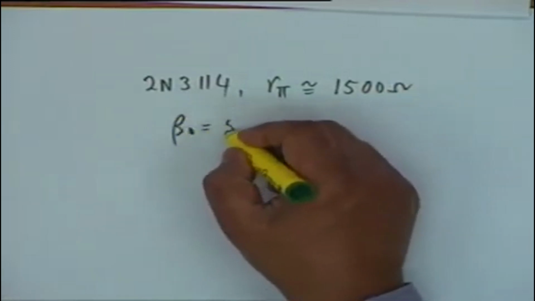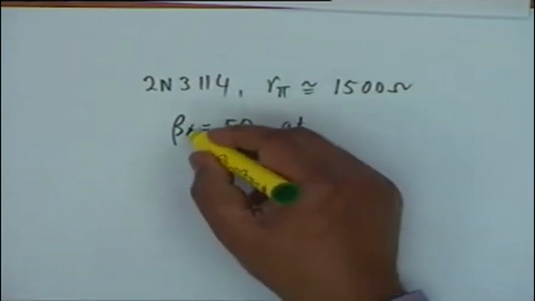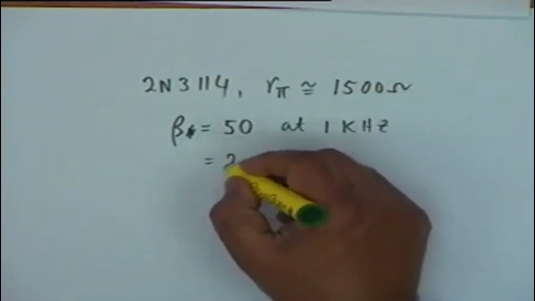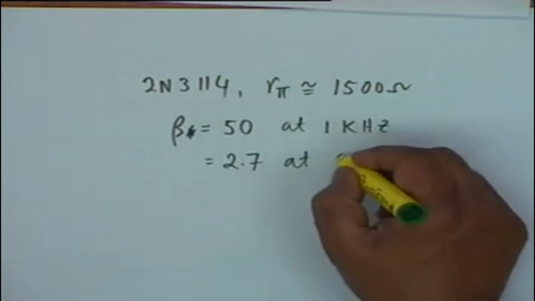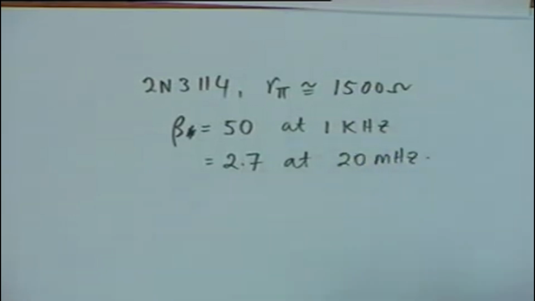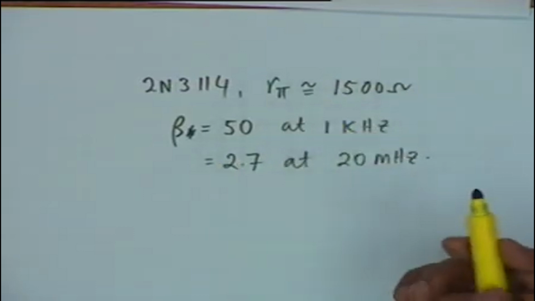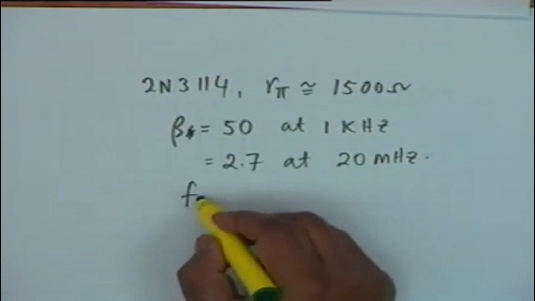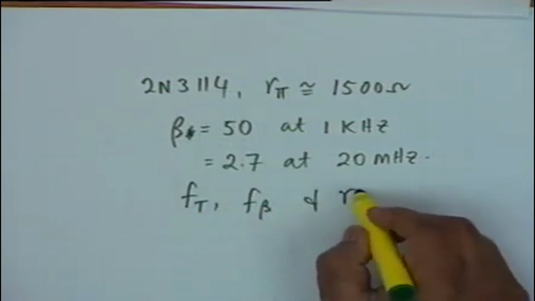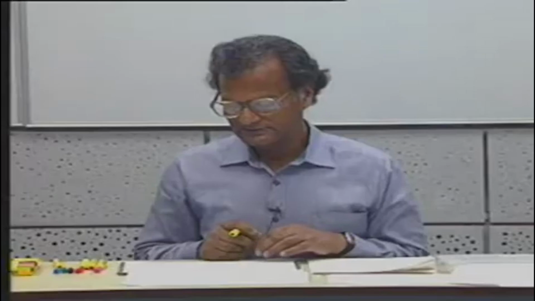Beta 0 is 50, beta is 50 at 1 kilohertz and is 2.7 at 20 megahertz. This is all that is specified. r pi is given, the values of beta at 2 frequencies are given, and you are required to find out f_t, f_beta and C pi. This is what is to be found out.